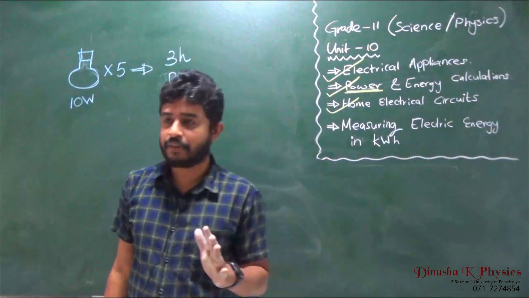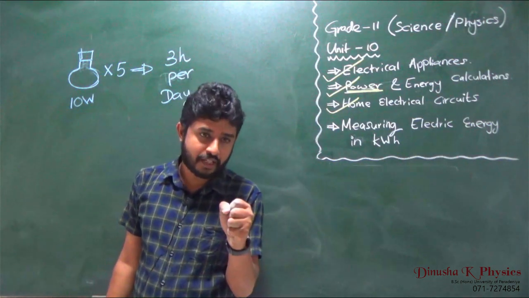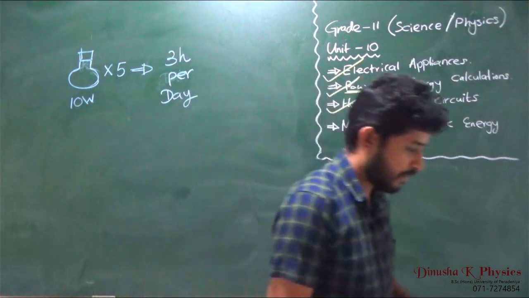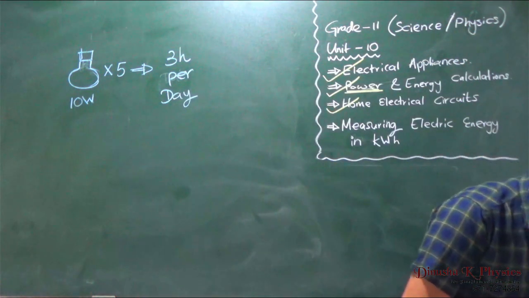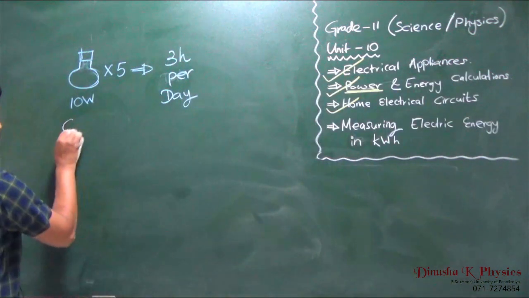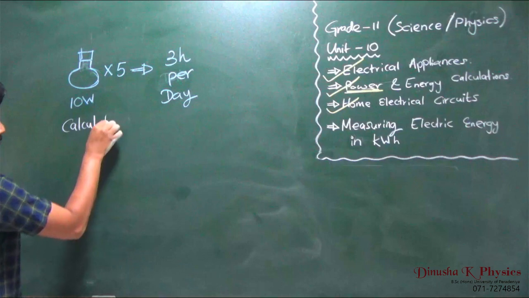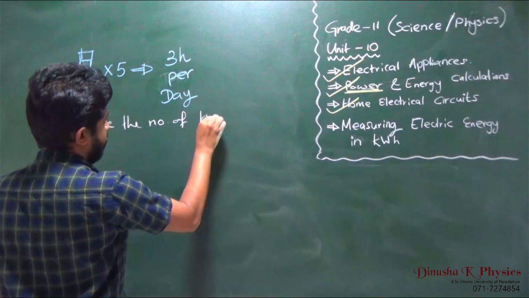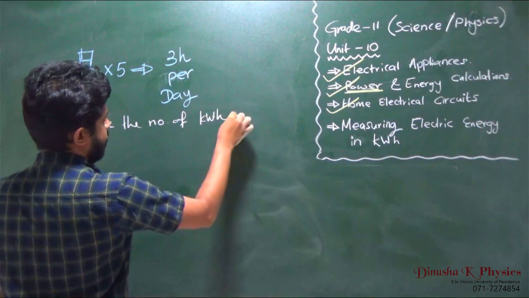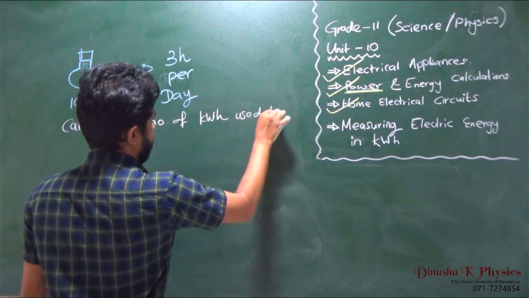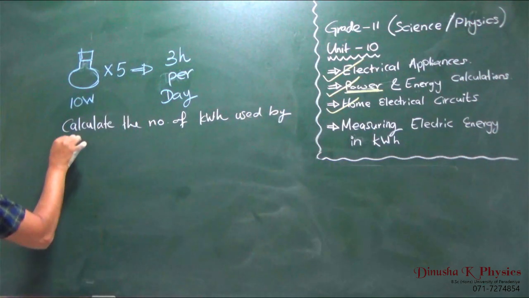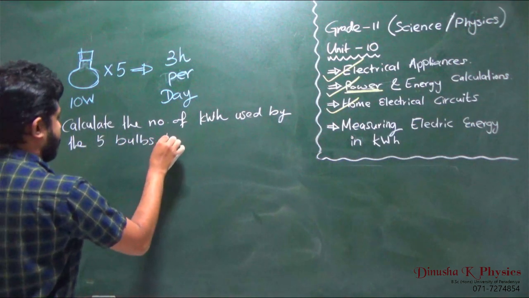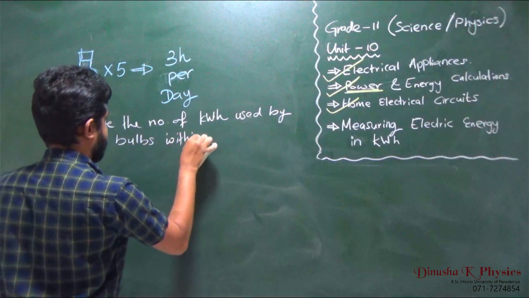So first we'll calculate the number of kilowatt hours used by these 5 bulbs within one day. Write down the question: calculate the number of kilowatt hours used by the 5 bulbs within one day.